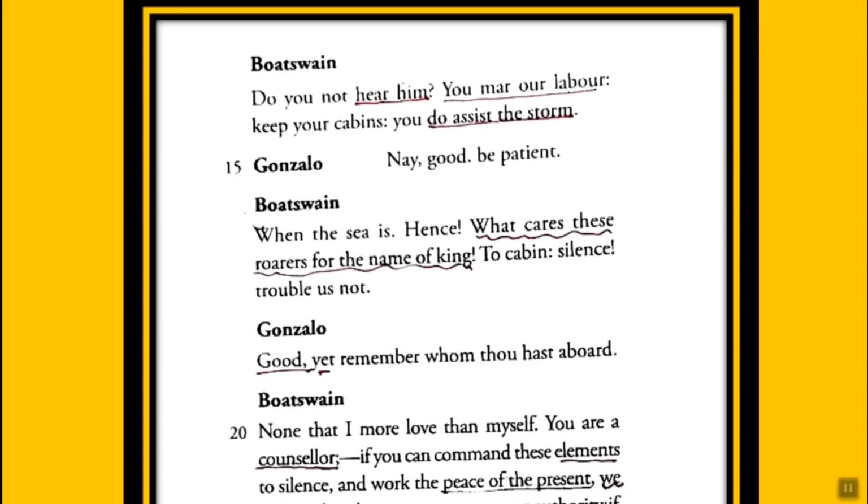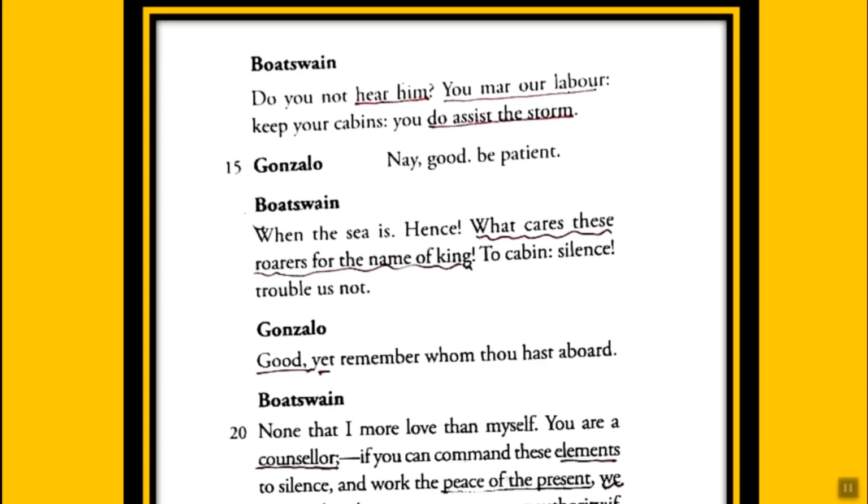You are a counselor. So Bosun says to Gonzalo, you are a counselor. Counselor means king's advisor. If you can command these elements to silence, so the elements here are the wind, wave, storm, ocean, everything. So he's saying you are a counselor. If you can ask these elements to become silent and work the peace of the present, and if you can ask them to calm down the weather, we will not hand a rope more, means we will not have to handle the rope to stable the ship.